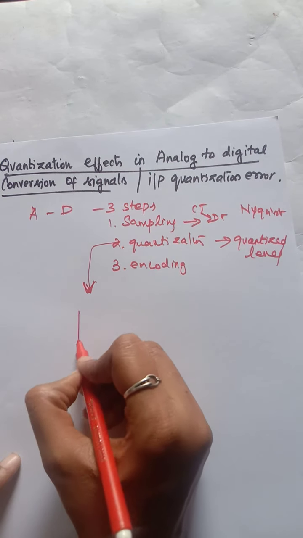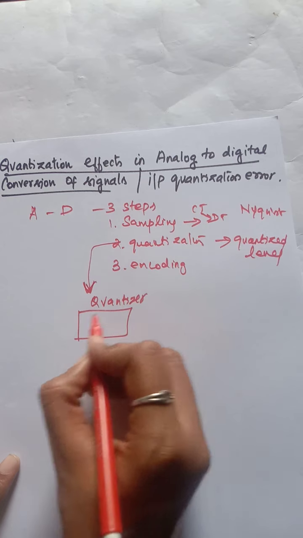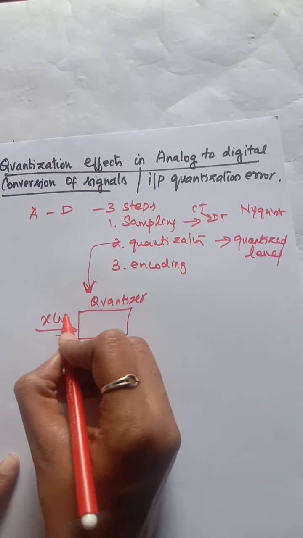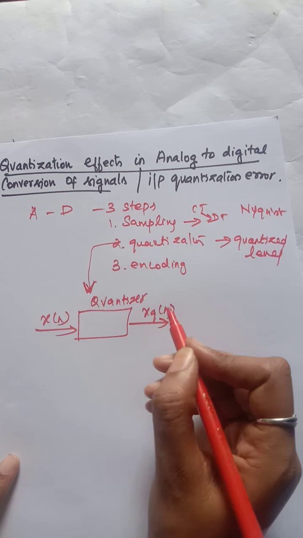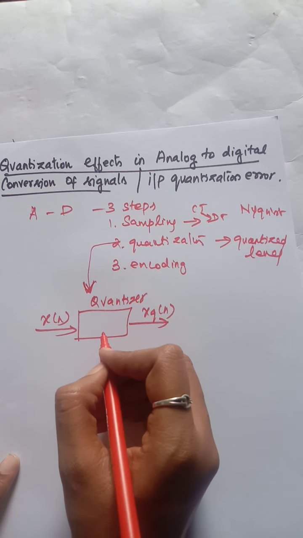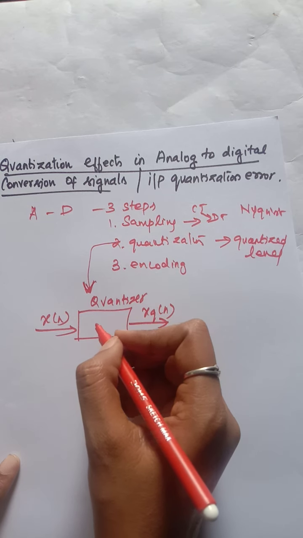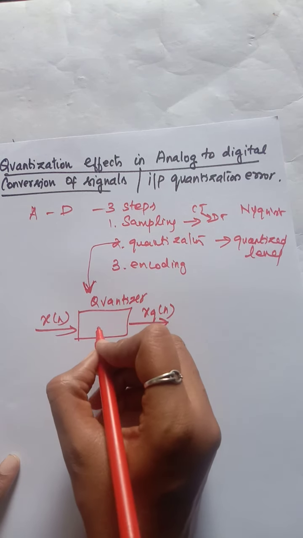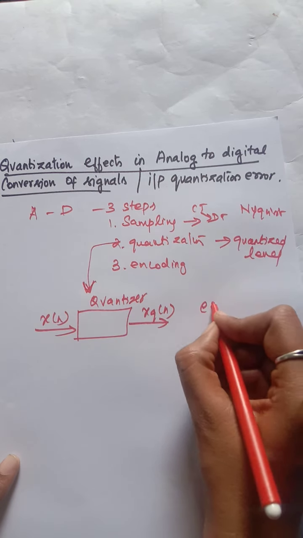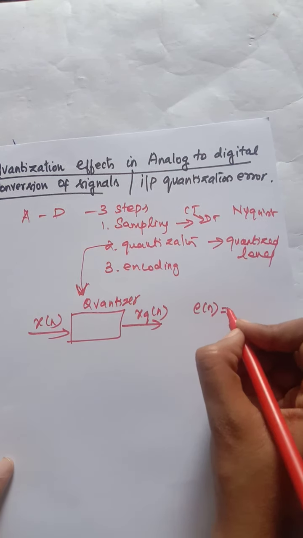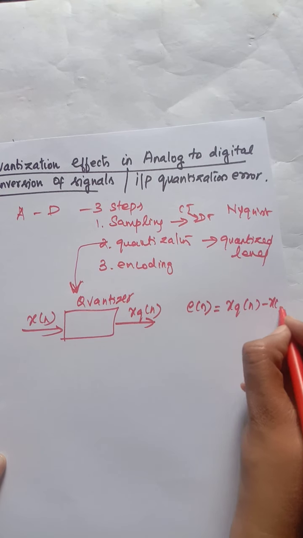So consider a quantizer. When you give an input, after quantization the output of the quantizer is xq of n. But there will be a quantization error due to the truncation or rounding process. That quantization error is known as e of n, which is nothing but xq of n minus x of n.